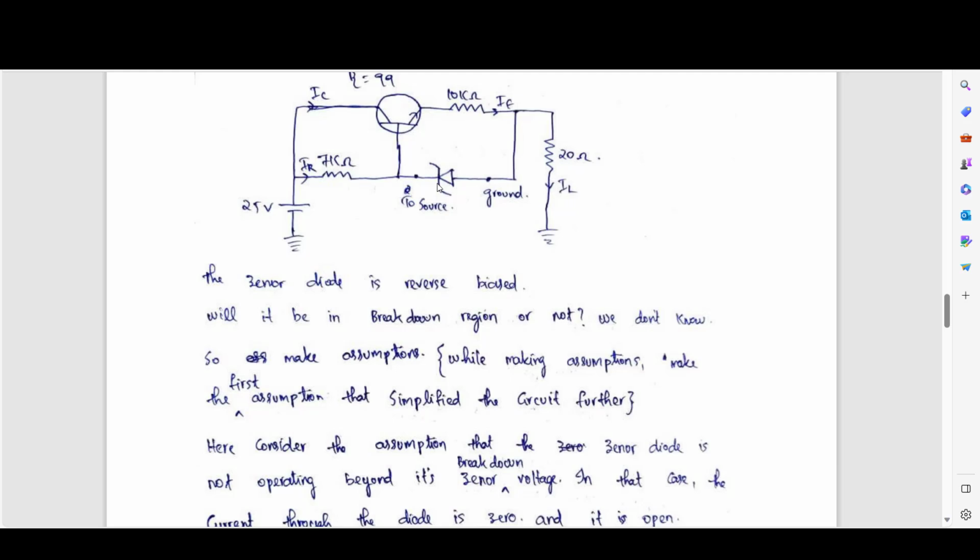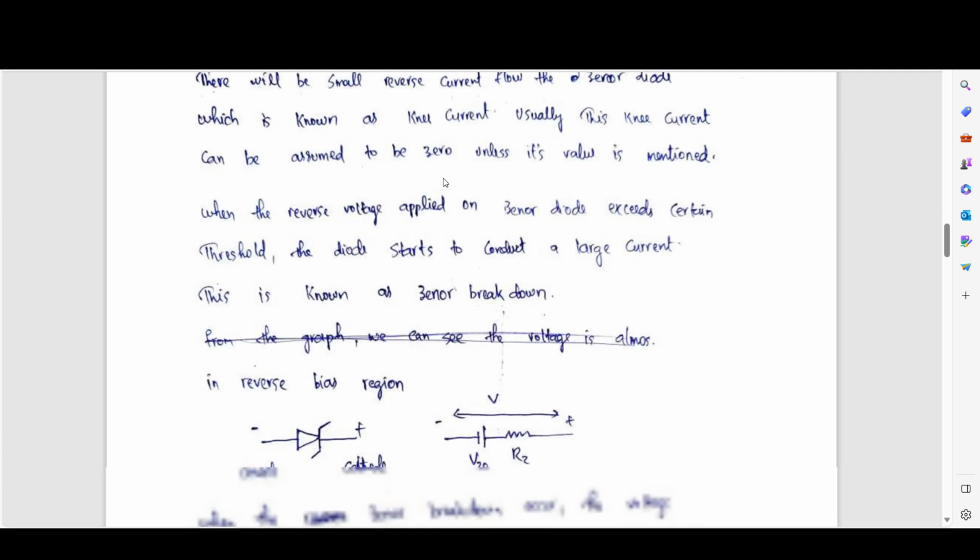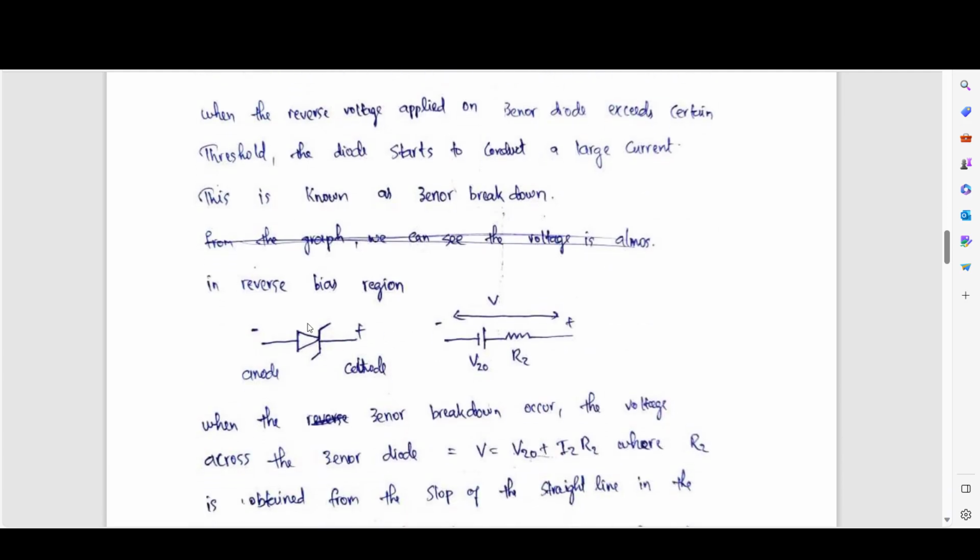So we can either assume that this is in the breakdown region, or we can assume that this is not in the breakdown region. The current passing through is zero. In that case, we can open this. Suppose we are assuming that it is operating in the breakdown region, we can replace this Zener diode with a voltage source, with the polarity shown in the picture.